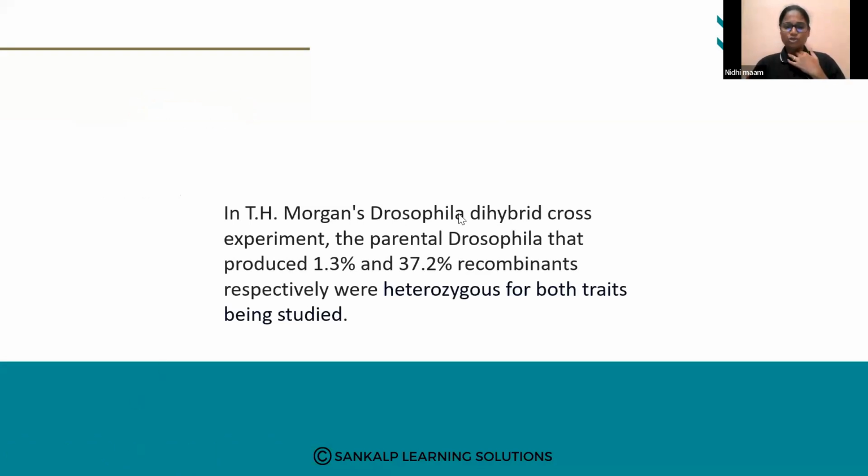In T.H. Morgan's Drosophila dihybrid cross experiment, the parental Drosophila that produced 1.3% and 37.2% recombinants are heterozygous for both traits being studied. They discuss two traits or characters, one regarding red eye and the other regarding the wings. So when he crossed both the parents, both the parents were heterozygous in both the characters, that is in the wing character as well as in the eye character.